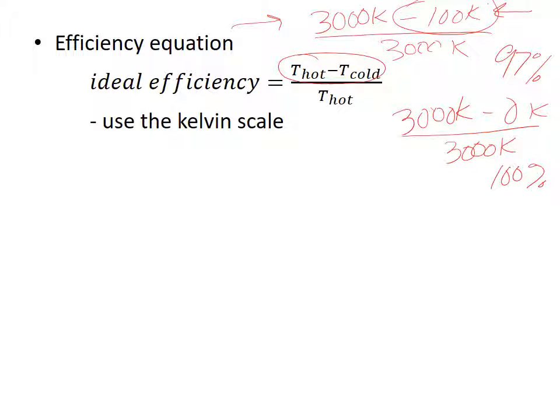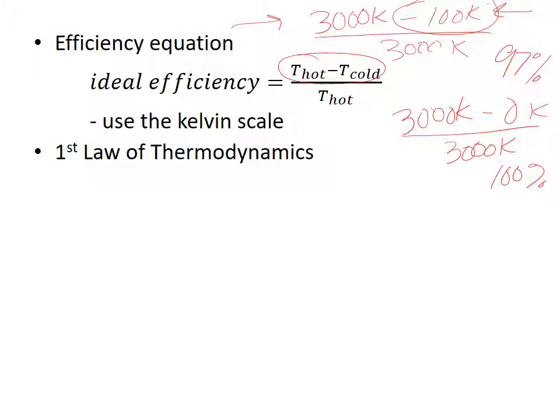So the only way you could have a 100% efficient heat engine is if the sink were 0 Kelvin, and nothing's ever gotten to 0 Kelvin. We can't even get close to it. So there's no way it could ever happen. There's no perfectly efficient machine, so keep that in mind.